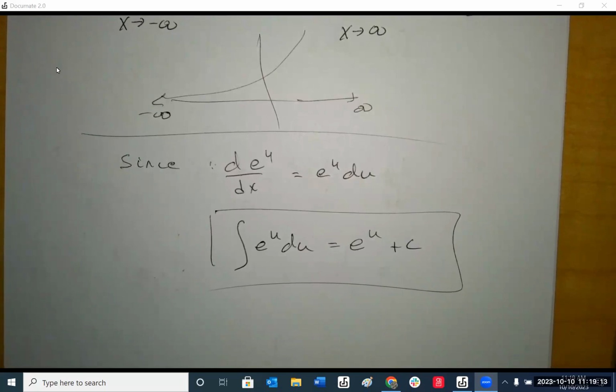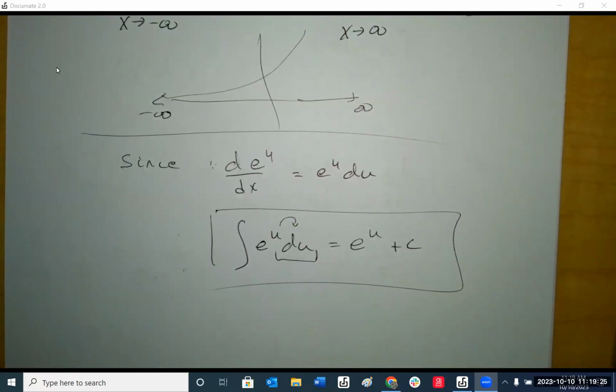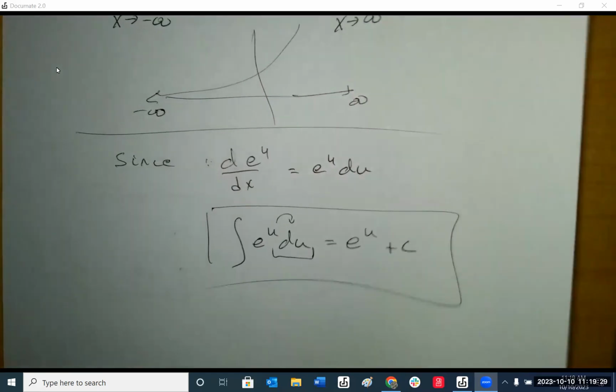It's whatever the ln function is that goes on the bottom, and the derivative of it goes on top. But e^u is much easier. As long as you have the derivative of the exponent, if you're missing anything, just plug it in there.